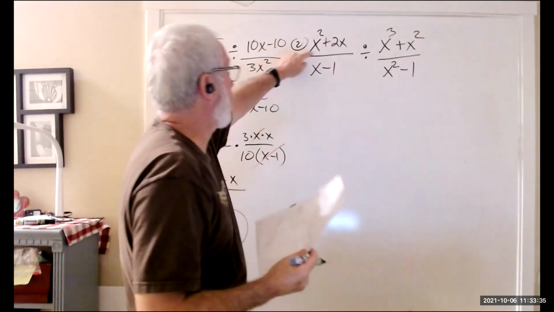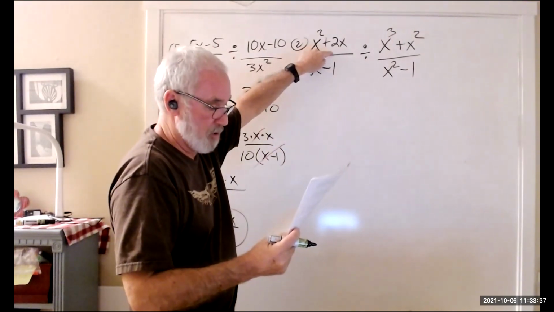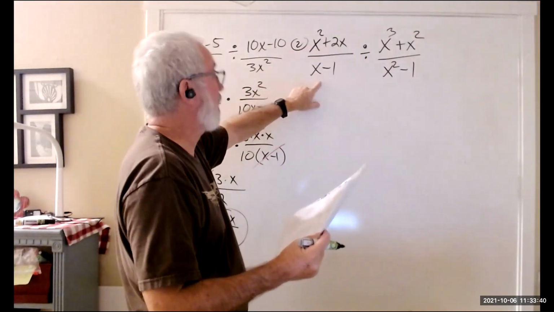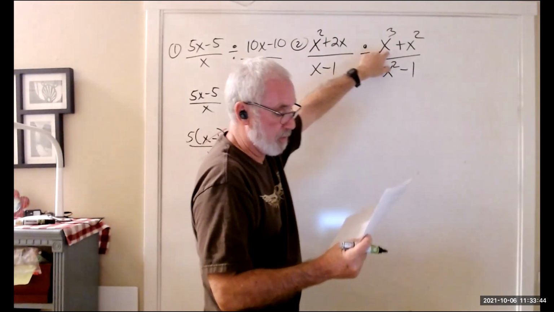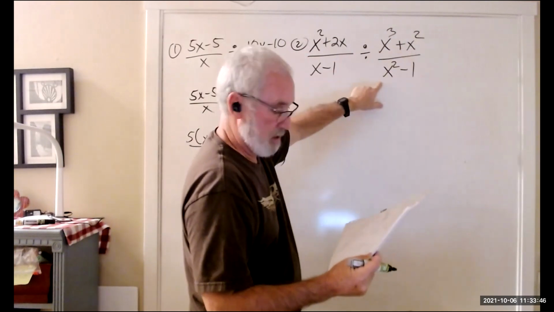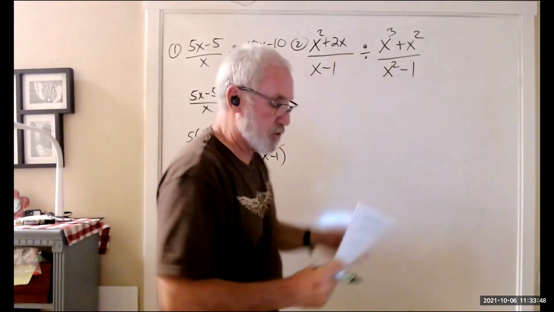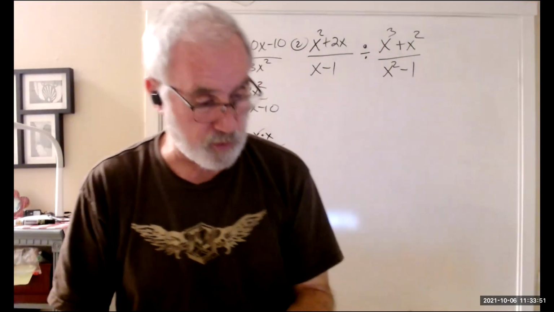Okay, so x squared plus 2x on top over x minus 1 on bottom. Second fraction, x to the third plus x squared over x squared minus 1, and it's division, and I'll pause while you guys work through this.